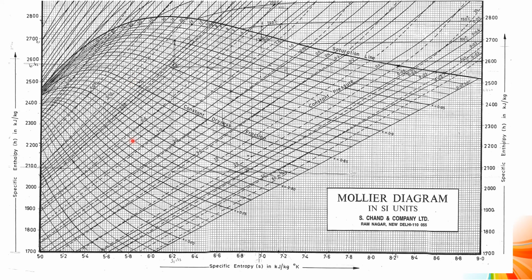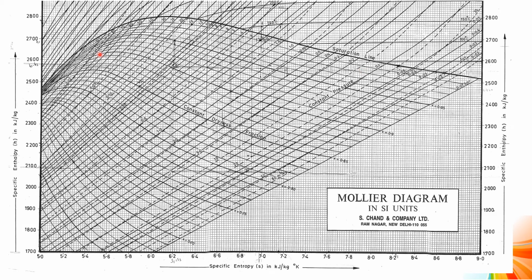See, this is the Mollier diagram. The y-axis of this diagram represents specific enthalpy in kilojoule per kilogram and the x-axis represents specific entropy in kilojoule per kilogram Kelvin. This dark curve indicates the saturation line.